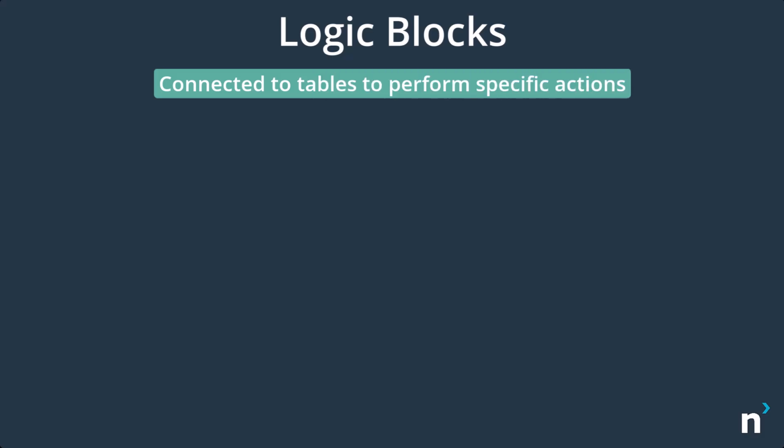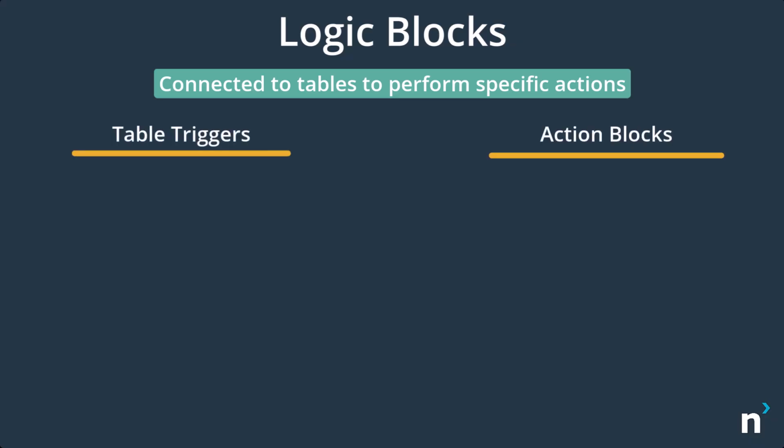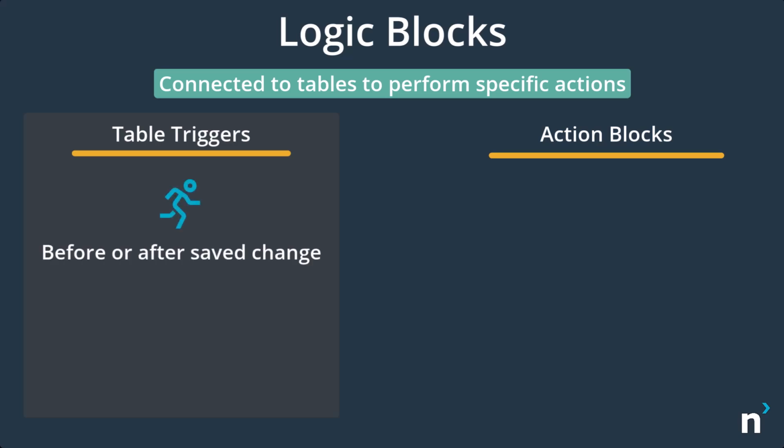Logic blocks are used to perform specific actions and are connected to events that occur on a table, such as record changes or save events. Logic blocks can be connected to a table in two ways: a table trigger or action block. Table triggers are used to run logic before a change is saved, after a change is saved, or to validate the record regardless of how the data was altered.